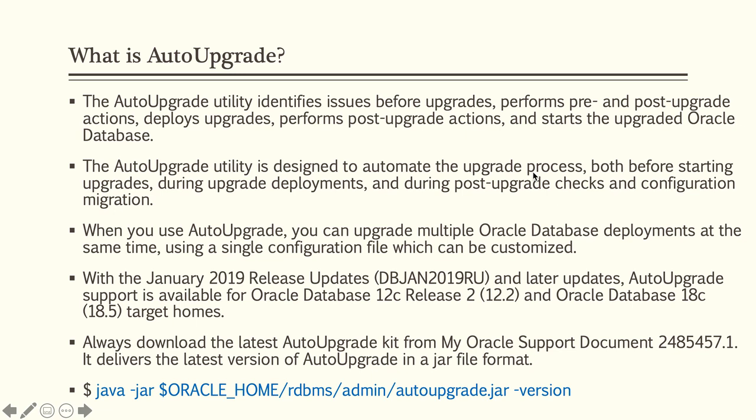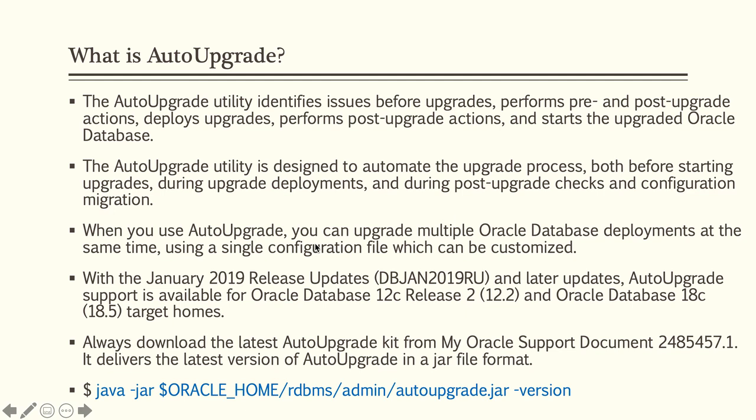Before starting the upgrade, during the upgrade of the actual database, and the post-upgrade checks and configuration migration, all would be taken care of by the AutoUpgrade utility. It sounds like a very high claim, but we will see how it lives up to those expectations when we go to the demo.